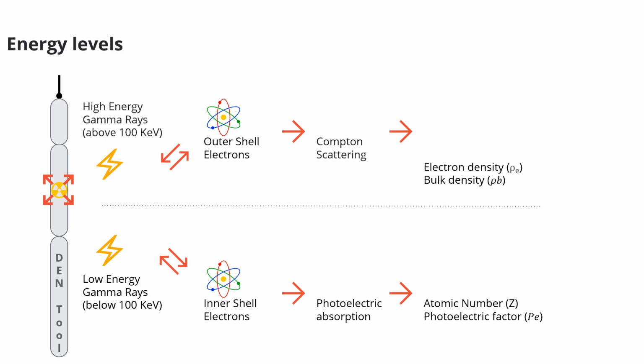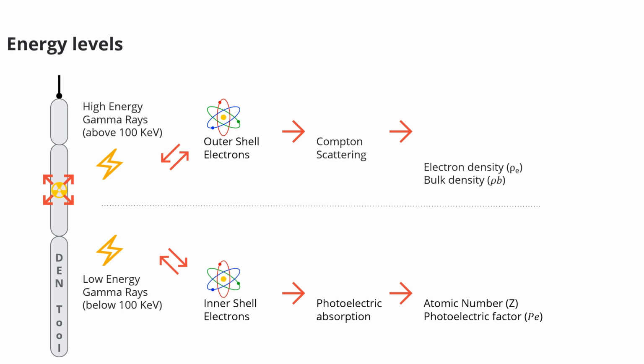This interaction is not dependent on the type of rock, it is lithology independent. By measuring these scattered gamma rays, we can determine the electron density, and with this compute the bulk density of the formation.